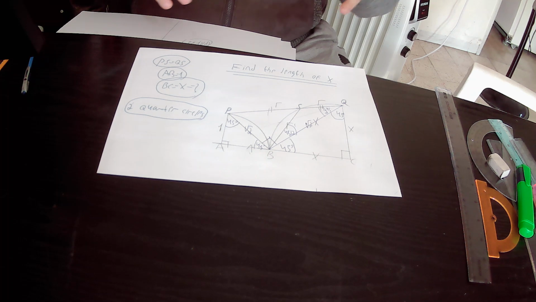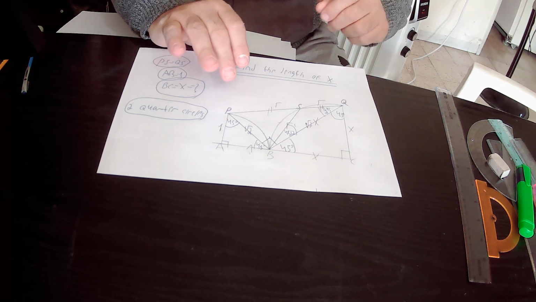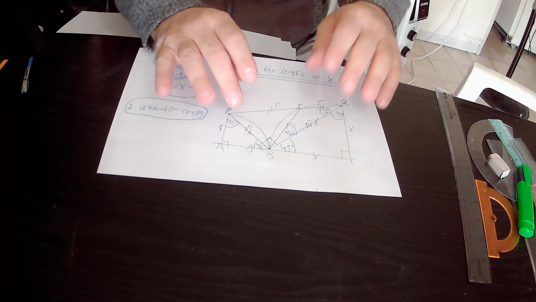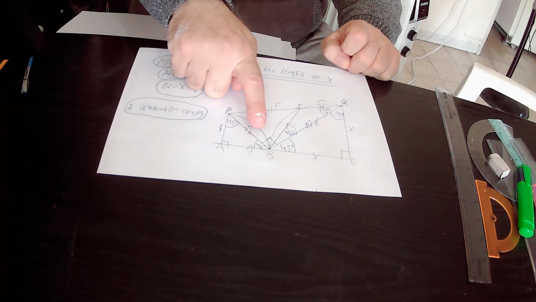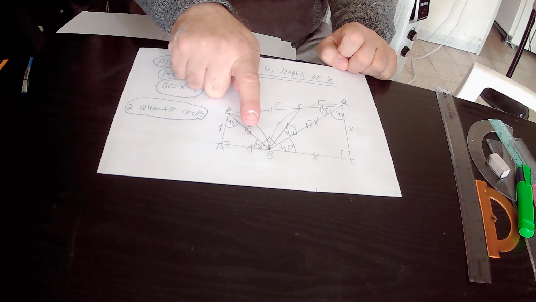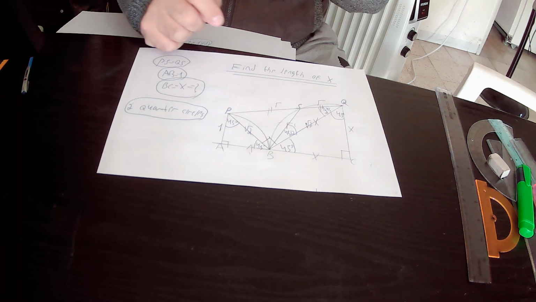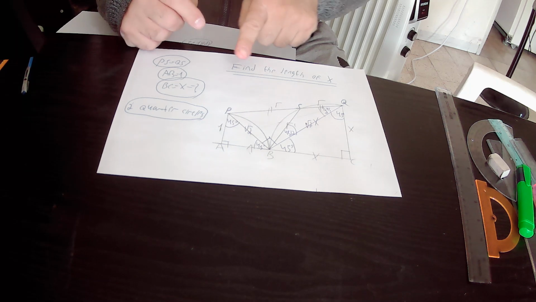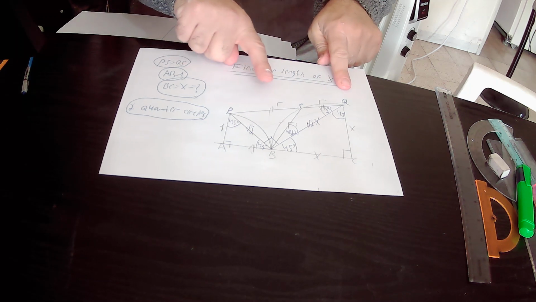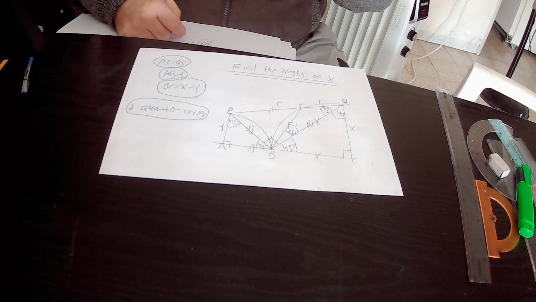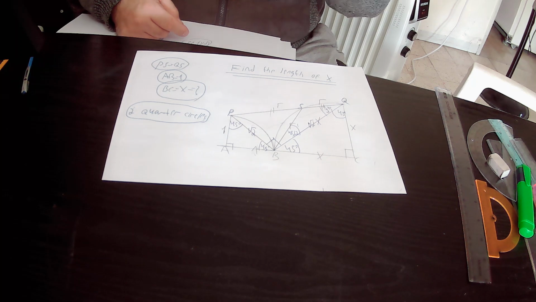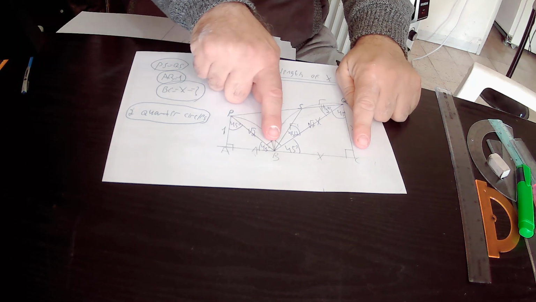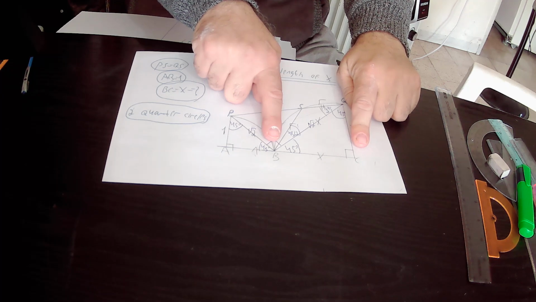So in the drawing, we have two quarter circles, and those two quarter circles are tangent to each other at this point, point B. In addition, we know that line segment PS equals line segment QS. We also know that line segment AB equals 1 unit in its length. Again, our mission is to find out the length of this line segment BC that is equal to x.